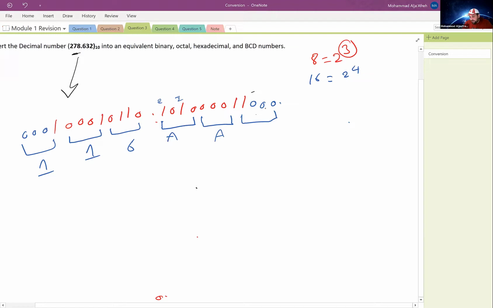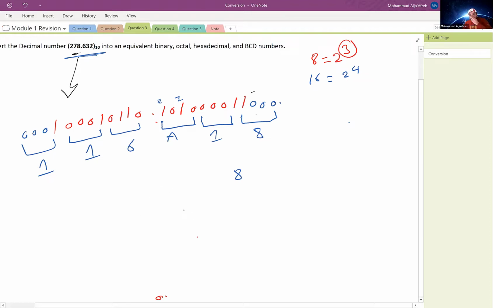This will equal 8. Okay, and here I wrote A instead of 1. So in other words, this decimal part can be expressed in hexadecimal by 116.A18 to the base 16, or you can put an H here, or you can use a $ sign. It's still the same. Okay.